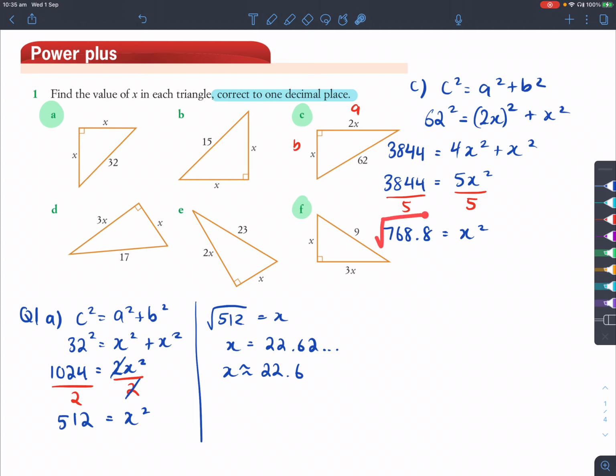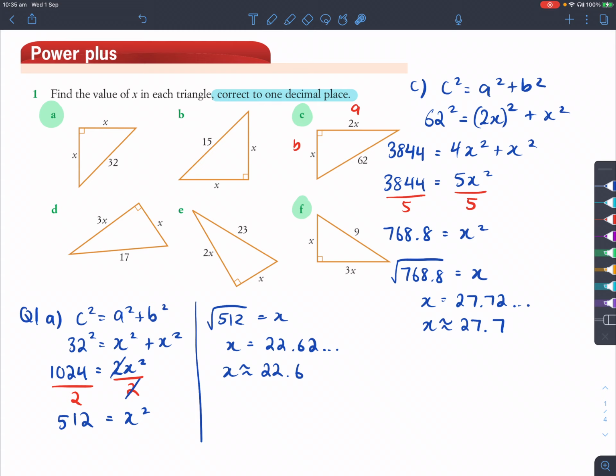The square root and square cancel, so I get the square root of 768.8 equals x, remembering to drop down to just the x. Once I take the square root, the answer is 27.72..., so it will be rounded to 27.7, because 2 is a number lower than 5.